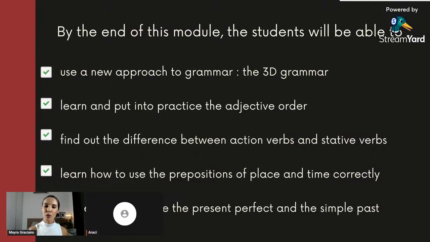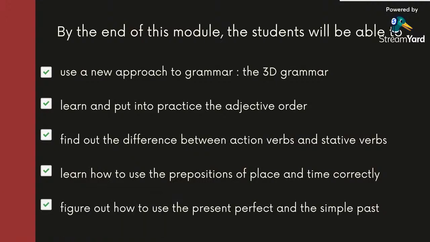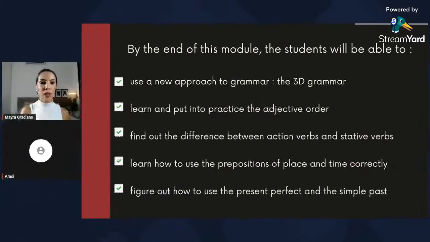But in module 6, the students also learn adjective order, the difference between action verbs and stative verbs, how to use prepositions of place and time, and the difference between present perfect and simple past. So all this part of the grammar is included in module 6.